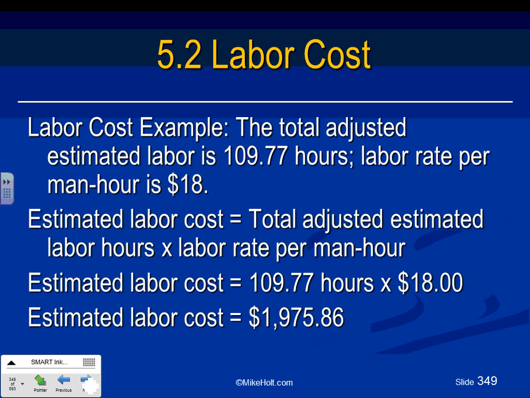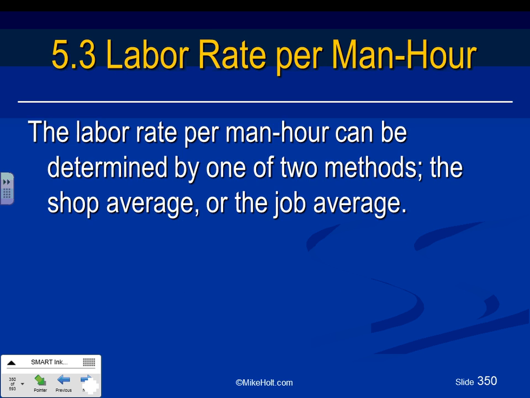For the commercial project, we did $33 for the journeymen, and I can't remember, was it $20 for the apprentices? So we assigned certain values for the commercial project labor rate per hour.